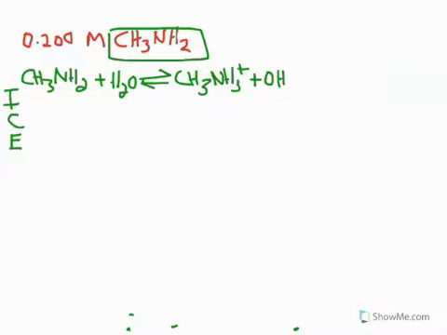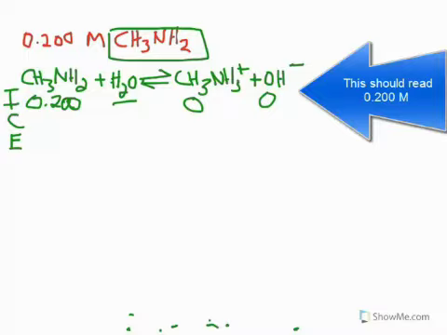Initially we have 0.200. And we don't care about the water, so put a dash. We'll talk about that in other classes. And we have 0 here, 0 for the hydroxide, which I forgot to put the charge on. Then some amount of this reacts, and we don't know how much because it's not a 100% reaction.